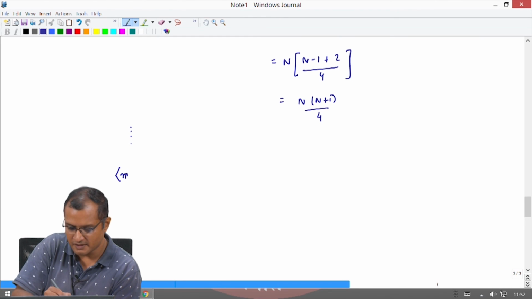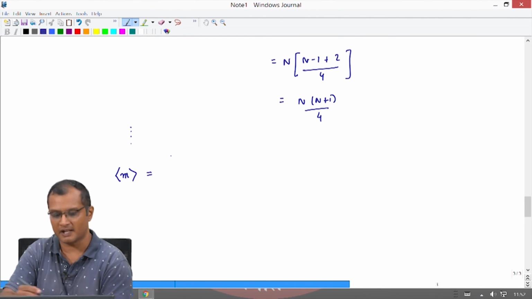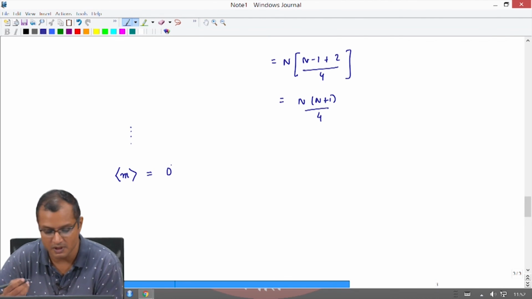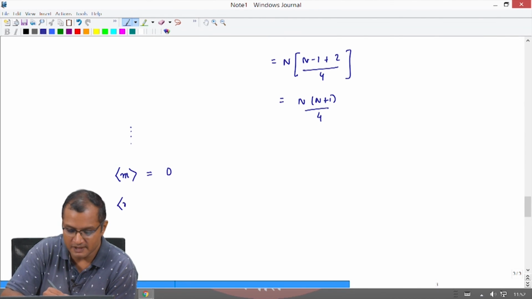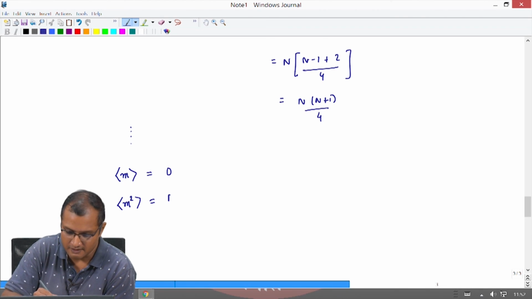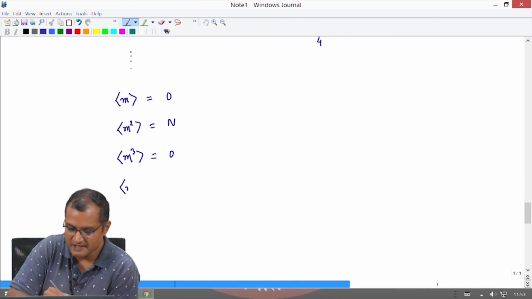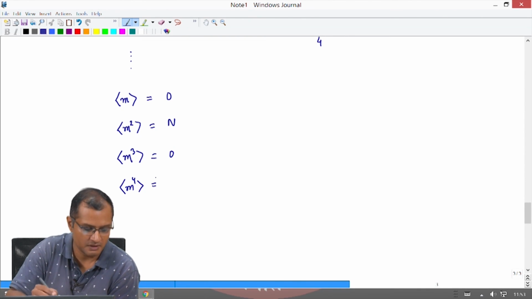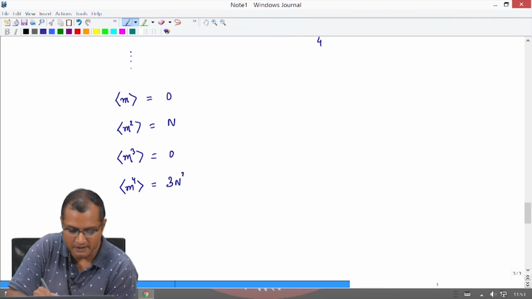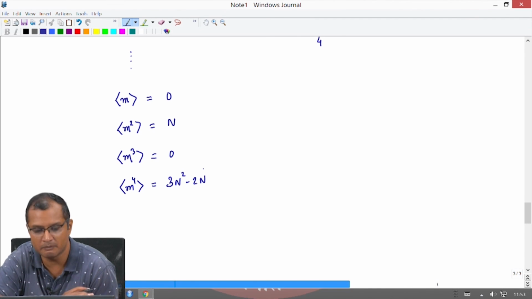And this is an important result. So, the first moment of the unbiased random walk has to be 0, it will come out to be 0. The second moment will scale with system size, and that is given as just n. The third moment will also come out to be 0. Okay. All odd moments will come out to be 0. The fourth moment will come out to be 3n square minus 2n. So, this is a very powerful method.